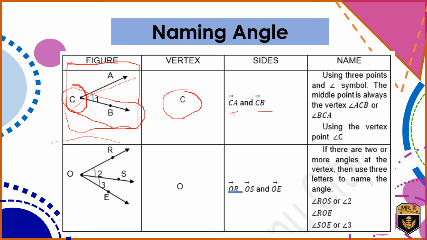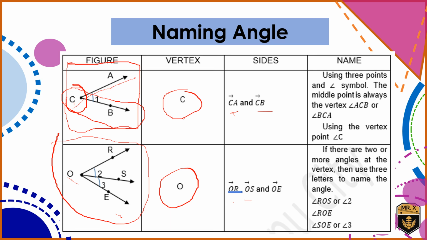Okay, let's move sa kaning figure B. Ang vertex kay O, ilang common endpoint kay O. Then there are three rays: ray OR, ray OS, or ray OE. Okay, if there are two or more angles at the vertex, then use three letters gihapon to name the angle.